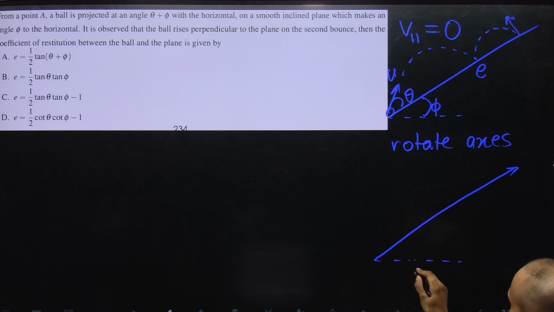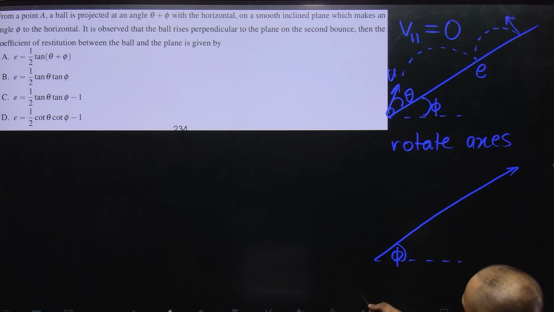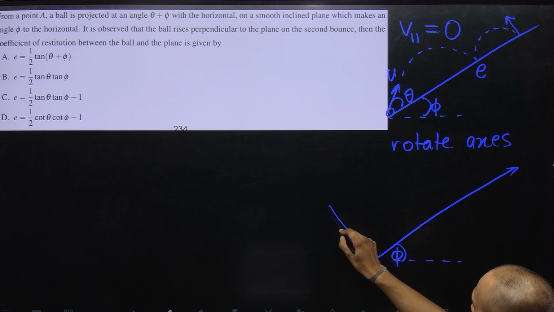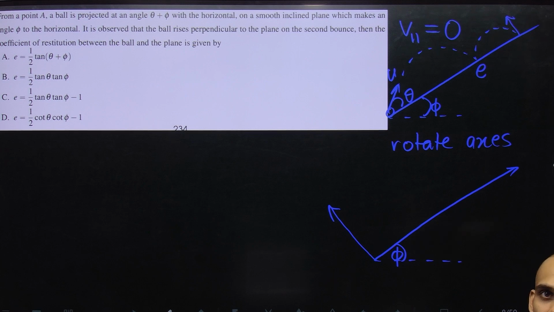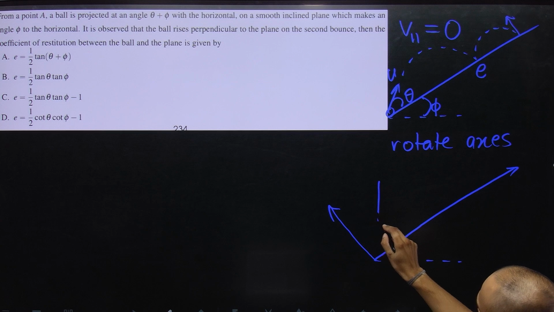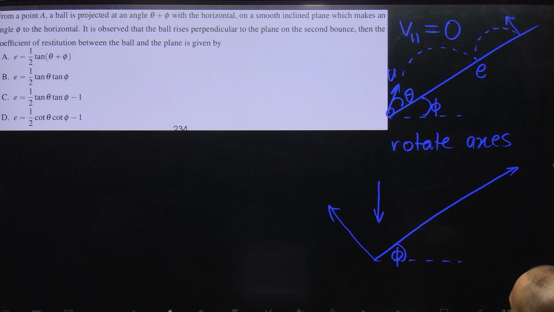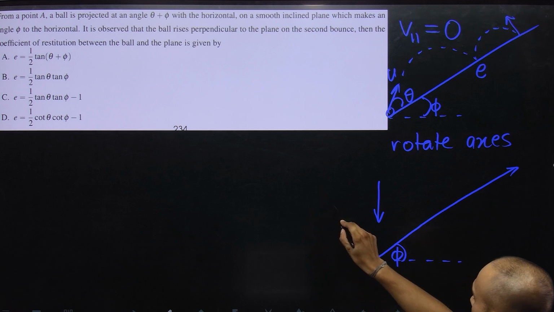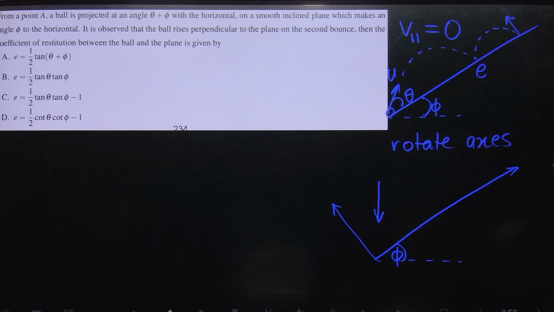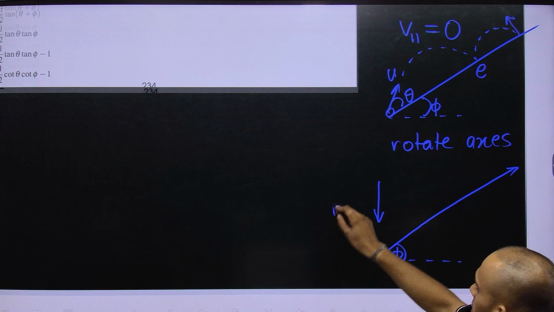We know that it makes an angle of phi with the x-axis, and perpendicular to it will be our new y-axis, y dash. Now we know acceleration due to gravity is in the vertically downwards direction.